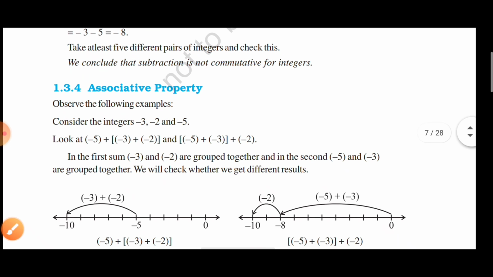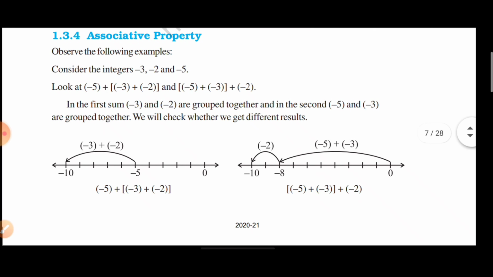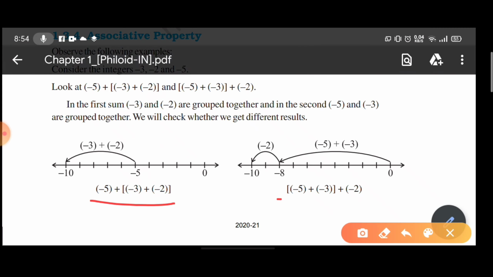Okay, so next let us move ahead. The next one is the associative property. Associative property means if you have three values, and you apply the operation first on the first two terms and then on the third one, or you apply the operation on the last two terms first, and you get the same result, then you can say that the situation holds the associative property.